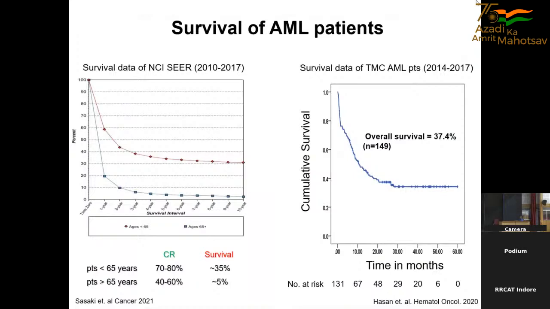In fact, the data from our center, TMC, where we prospectively recruited 149 patients, the overall survival was 37%, which is similar to what is reported in the West. The only major difference between the two populations, West versus India, is that our population is very young. When they present with the diagnosis of AML, they are around 25 to 30 years, while in the West the median age at diagnosis is around 55 to 60 years.